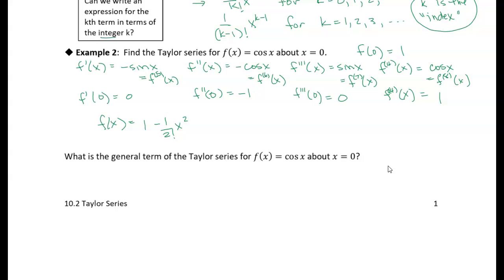And again, we can skip the third derivative term, and we're going to go to the fourth derivative term, which is going to be plus 1 over 4 factorial x to the fourth.